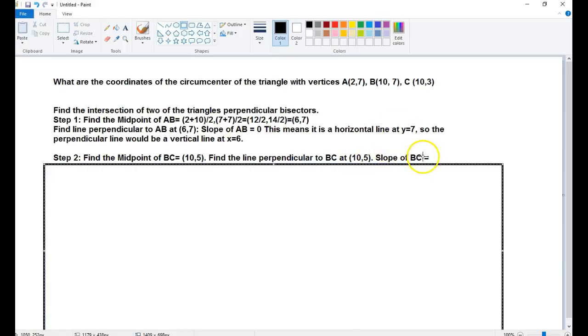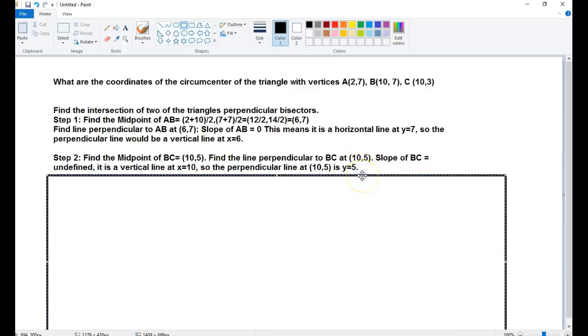Slope of BC: 10 minus 10 over 3 minus 7, and 10 minus 10 will just be undefined. So it's a vertical line at x equals 10 because we're dividing by 0.